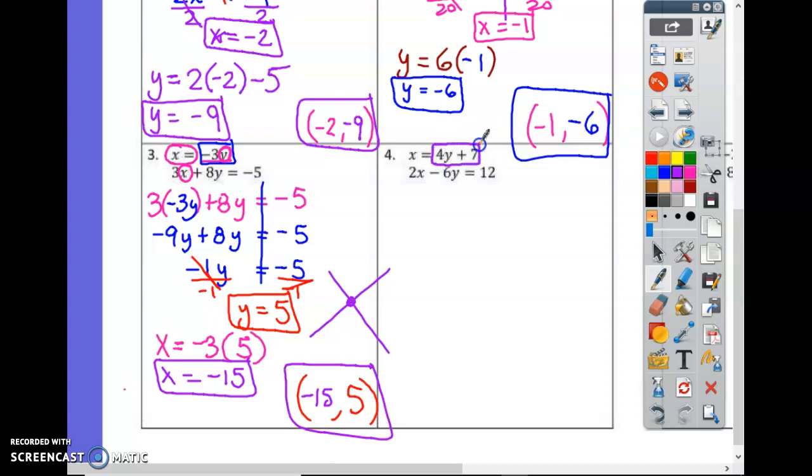Plug this in right here for x. Right? So I have 2 parentheses minus 6y equals 12. So this goes in here, 4y plus 7.